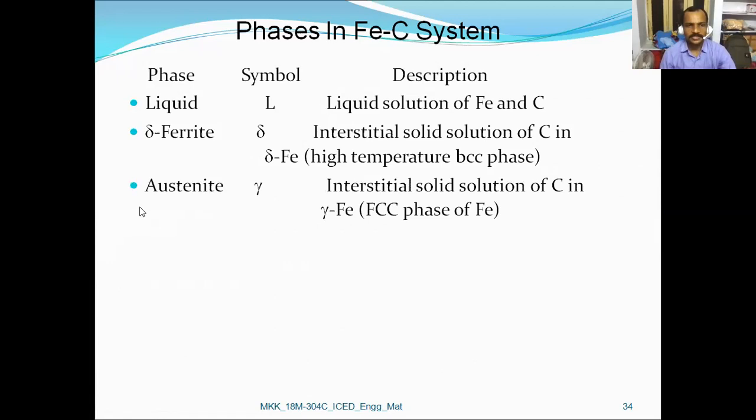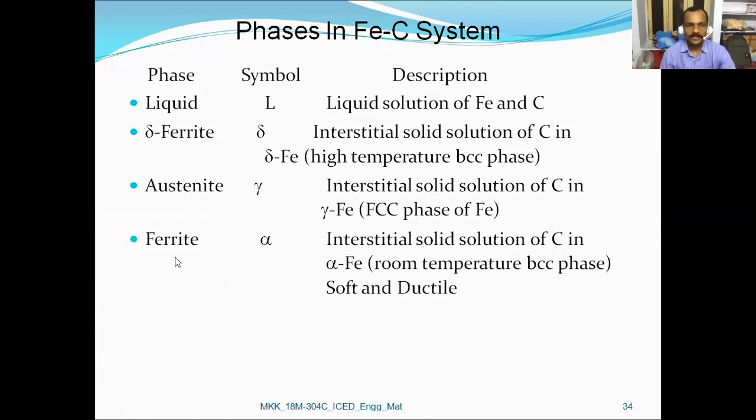Whereas here it is austenite, gamma iron, an interstitial solid solution of carbon in gamma iron, which is the FCC phase of iron, face centered cubic phase of iron.